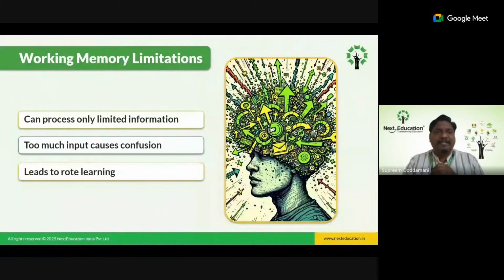It means that the students are able to process only limited information, and too much input causes confusion. And both of these reasons lead them to rote learning, where they will not understand the concept.